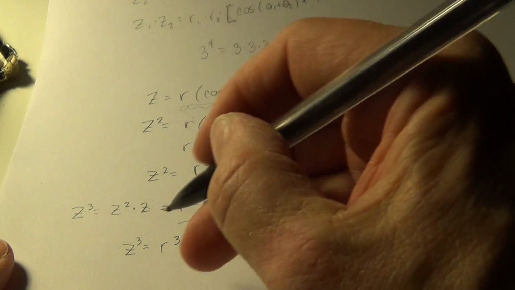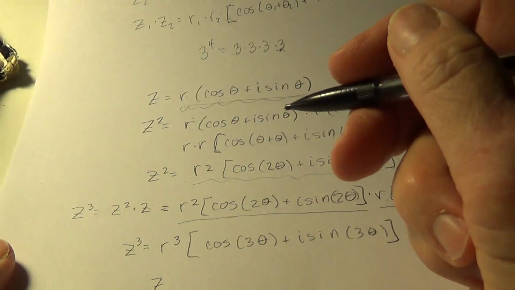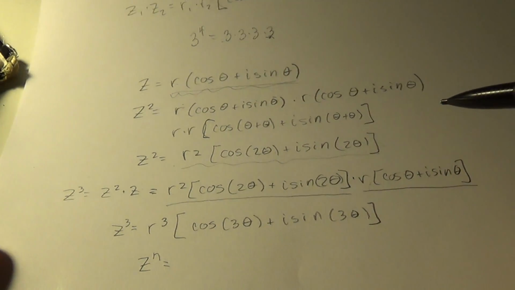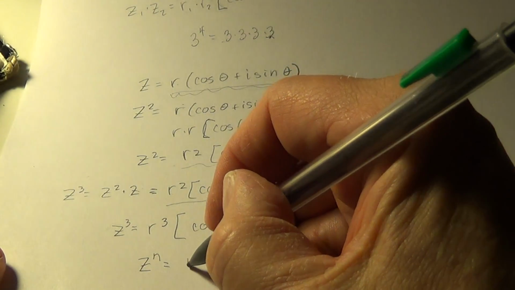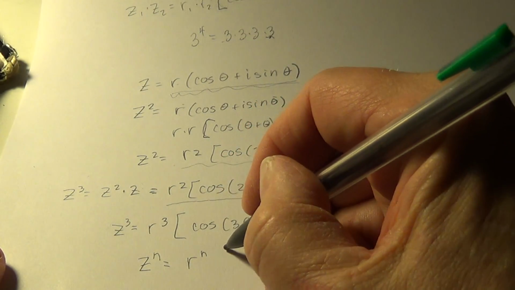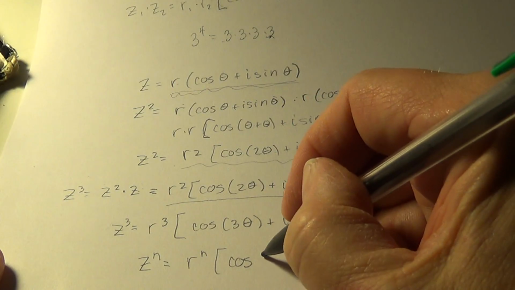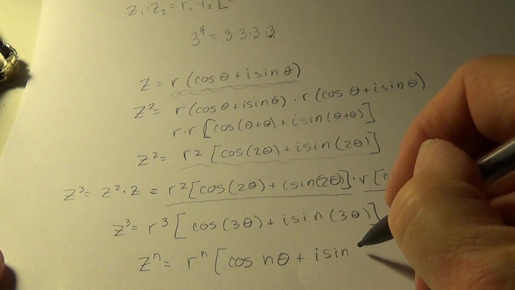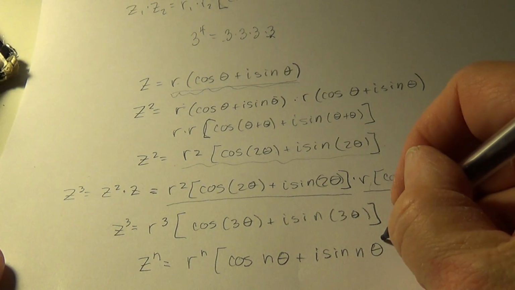So what if I was raising z to the n, any integer? Then I'm going to get r to the n times cosine of n times theta plus i sine of n times theta.